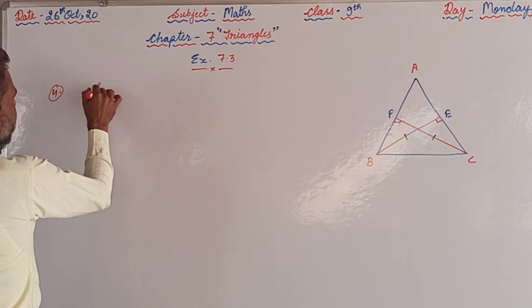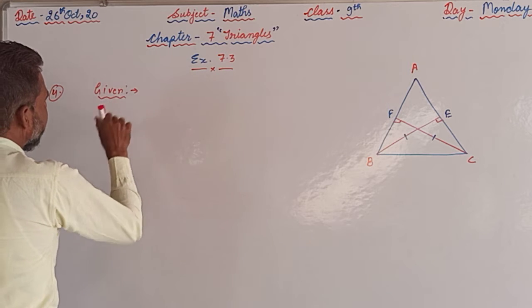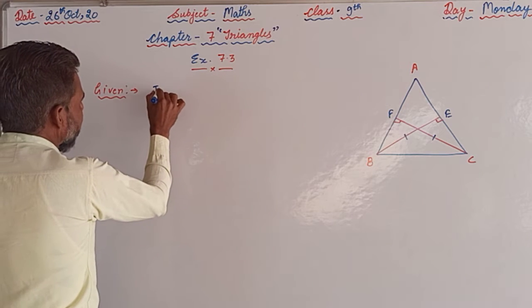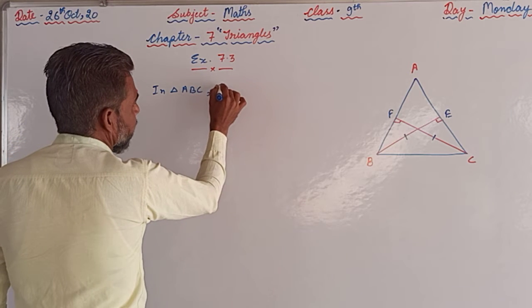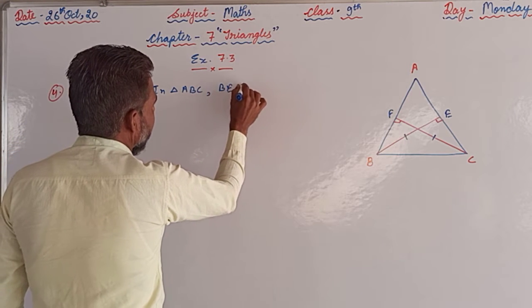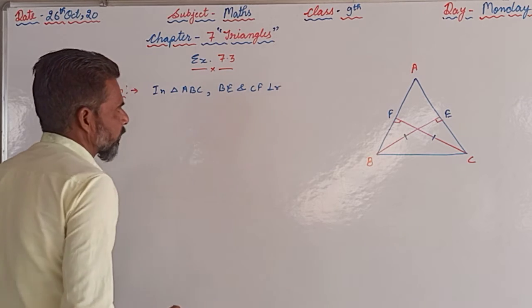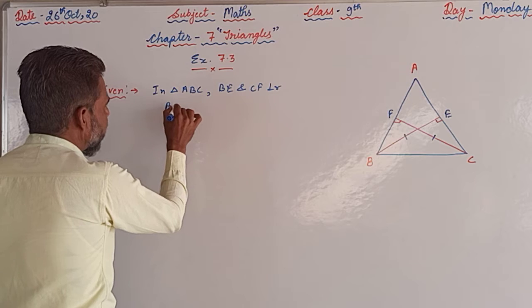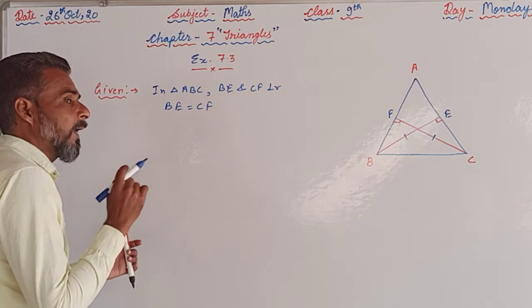Now first of all, we are supposed to write what is given. So given is, in triangle ABC, BE and CF are the perpendiculars, and BE is equal to CF, that is also given, the equal altitudes.